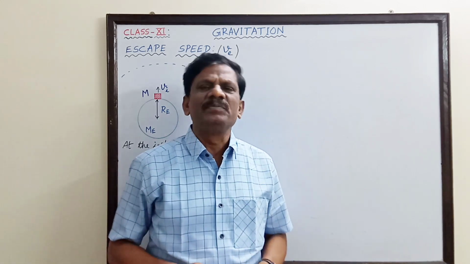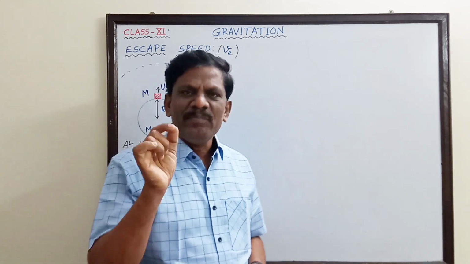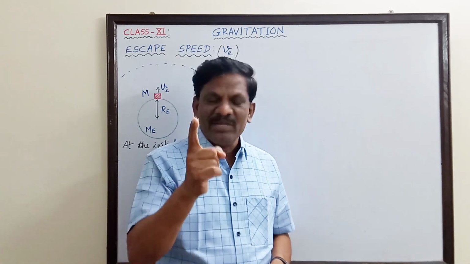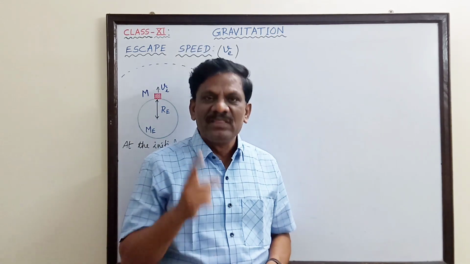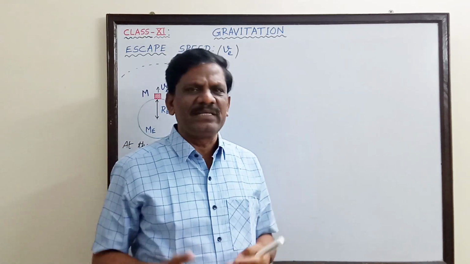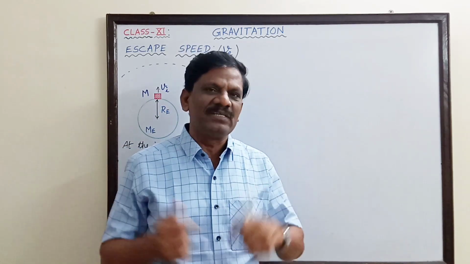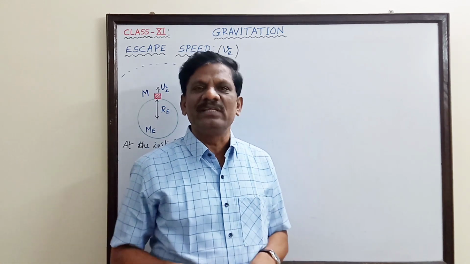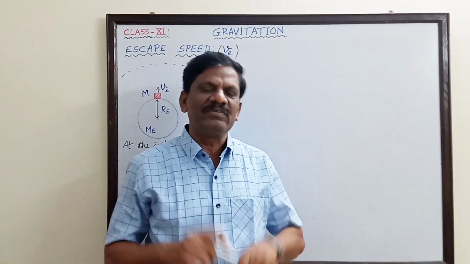So what is escape speed now? It is the minimum speed with which an object has to be projected from any planet or any satellite or any surface such that it will escape out of the gravitational influence around the surface.